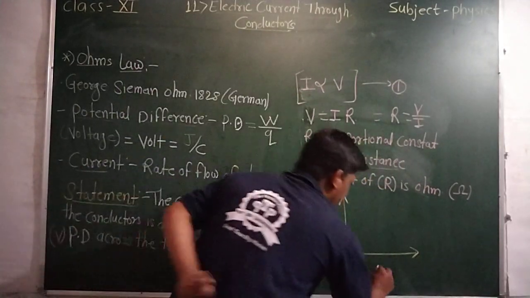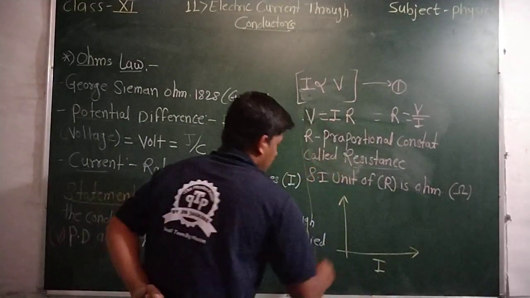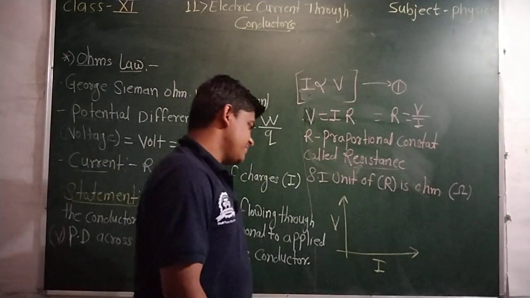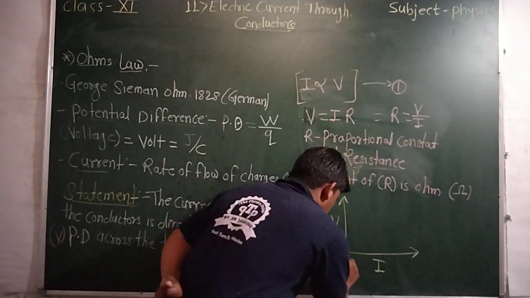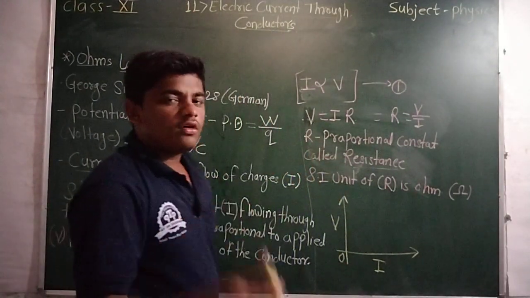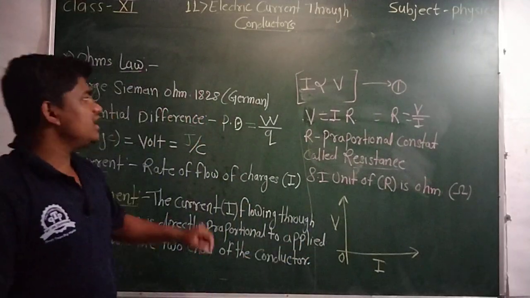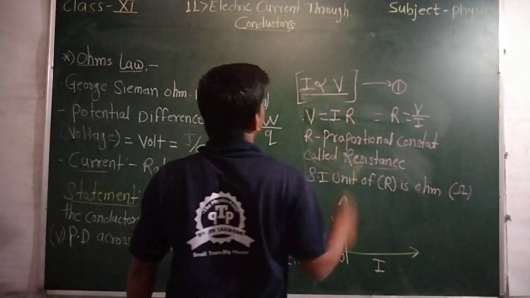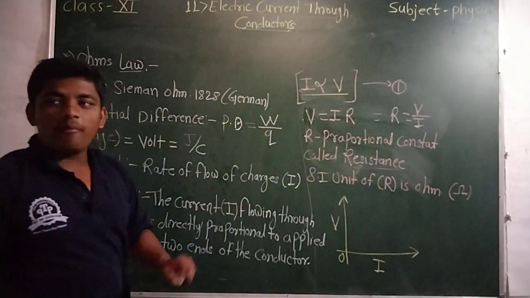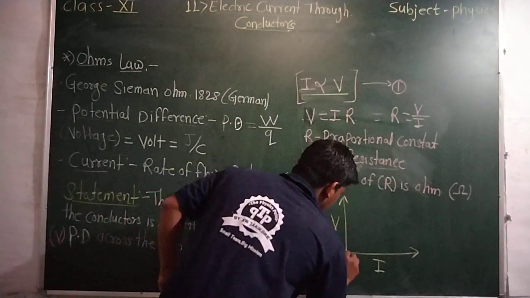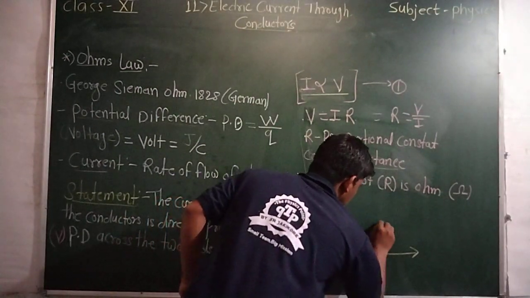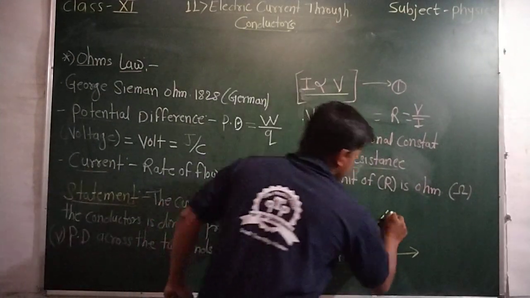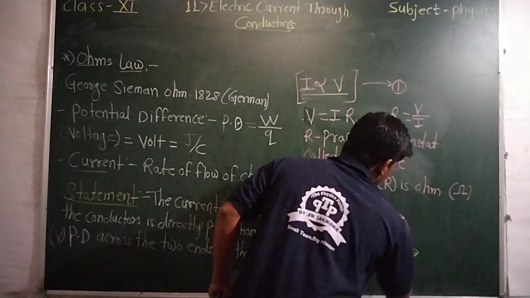We take the current I on the x-axis, and the voltage or potential difference on the y-axis. When two physical quantities are directly proportional, the graph of these two quantities will be linear, and this is the ideal Ohm's law.